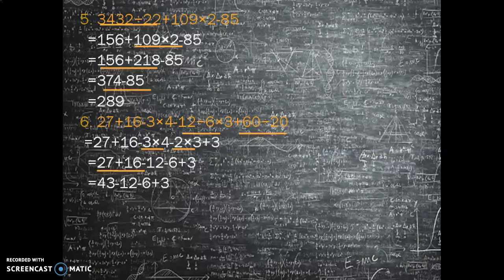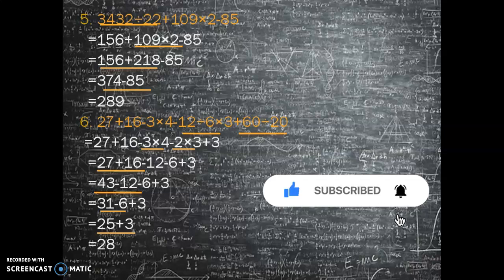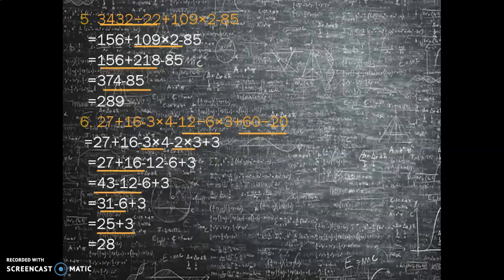Now we'll take 43 minus 12, we'll get it as 31 minus 6 plus 3. Now 31 minus 6, we'll get it as 25 plus 3. And the answer is 28. I hope you would have understood the concept of Fermat's rule.